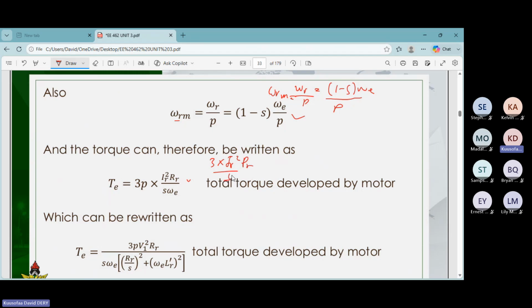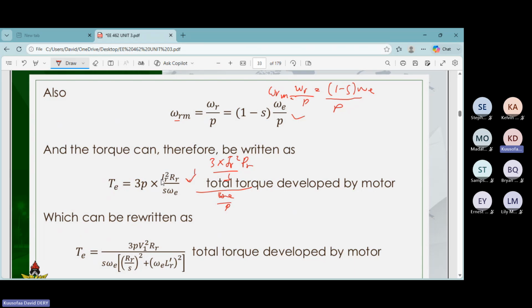And the speed, we want the mechanical speed, right? So the mechanical speed should be omega E over P. So you realize that the P will go up, S will come down, and then we'll have this expression. So this one is something you also have to take note of.